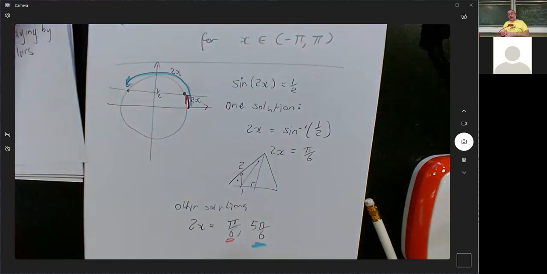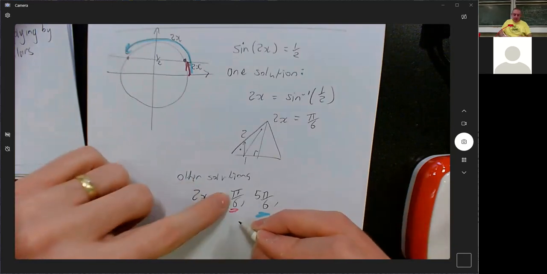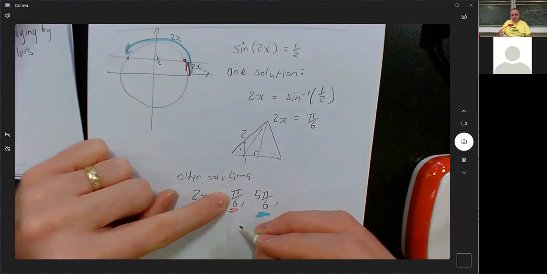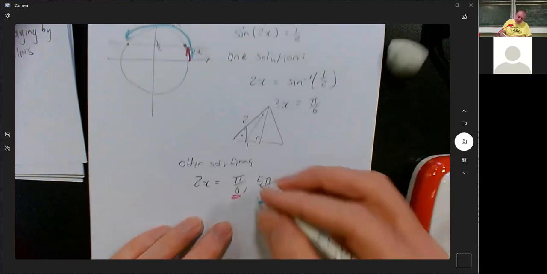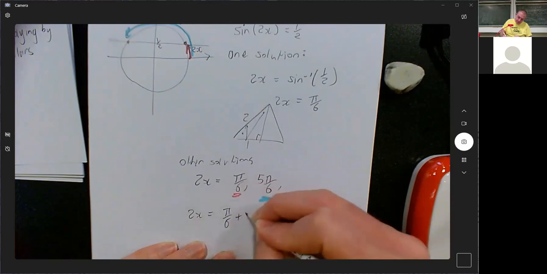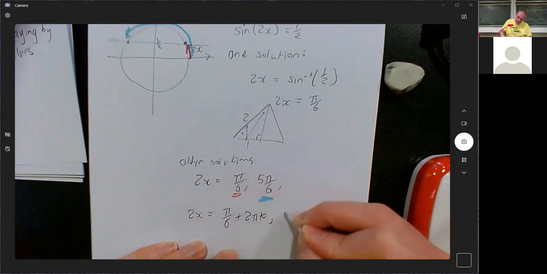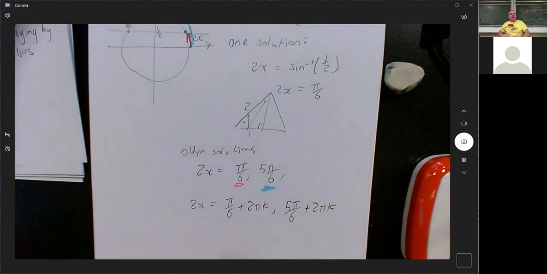And then any multiple of 2 pi away from there would work just as well, for any integer k.